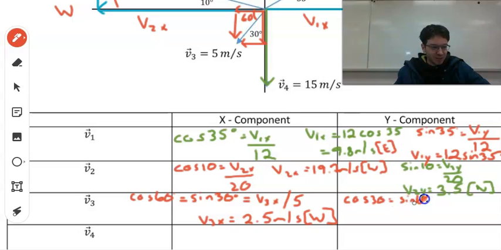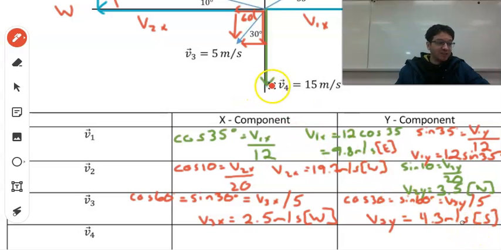If you don't believe me, you can punch those on your calculator. And that'll equal our y component for V3, V3y divided by 5. So rearranging, we'll get V3y to be 4.3 meters per second, and that is south.